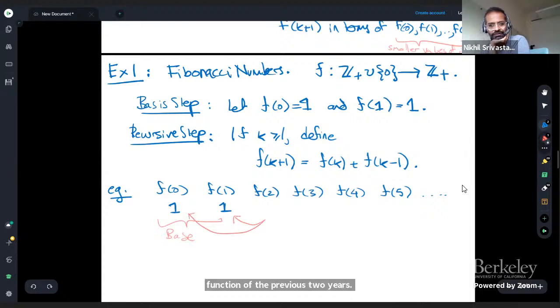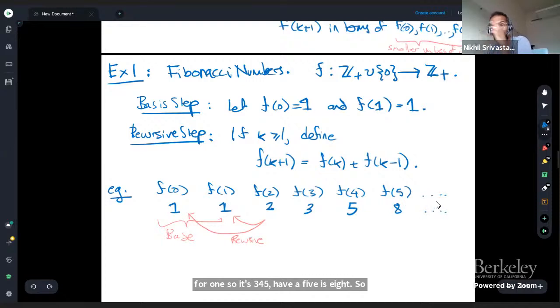So I just add up the previous two values. This is being done by the recursive step in the definition. So now f of 3 is the sum of f of 2 and f of 1, so it's 3. f of 4 is 5. f of 5 is 8, and so on.